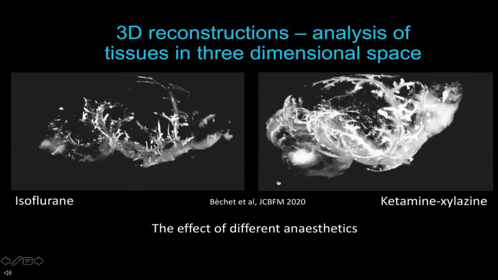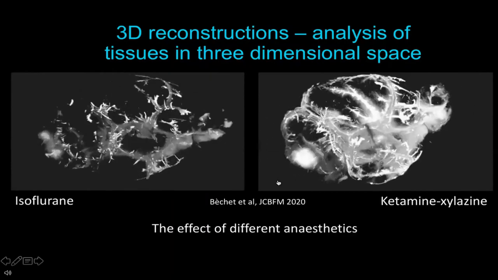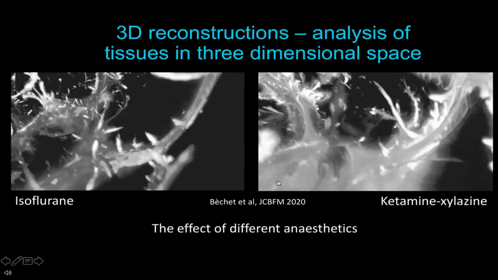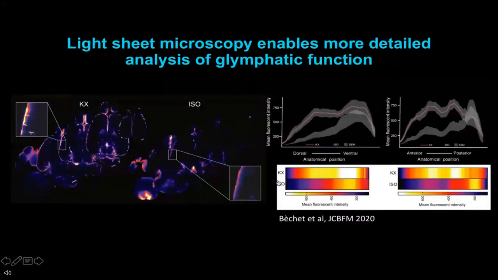So here we see the results from 3D reconstructions. We found that we were able to reproduce the differences between the isoflurane and ketamine-xylazine anesthesia regimens when we used light sheet microscopy.